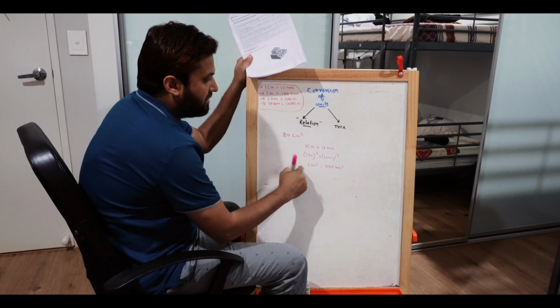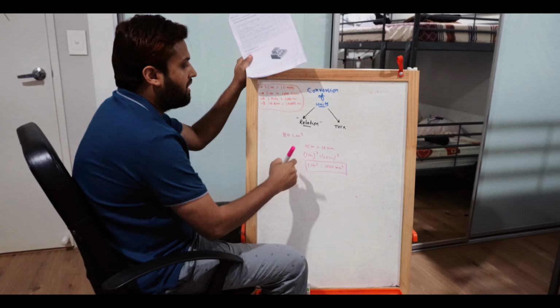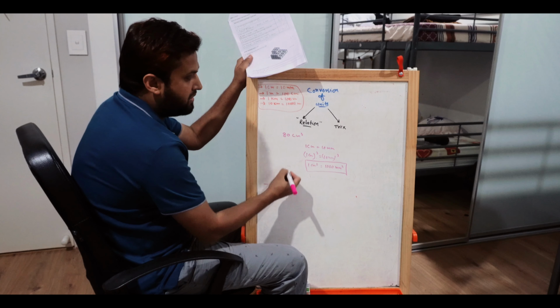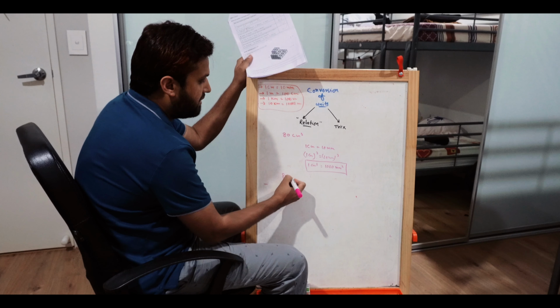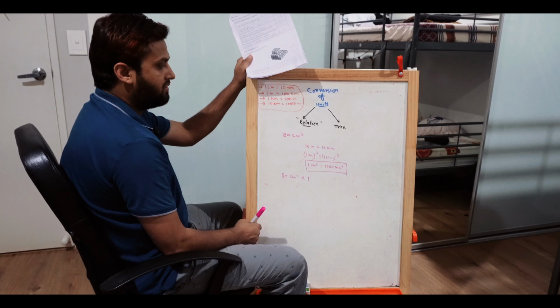So this is the relation, the volumetric relationship. Now, say 80 centimeter cube. Let's convert into millimeter first. So 80 centimeter cube multiplied by 1.